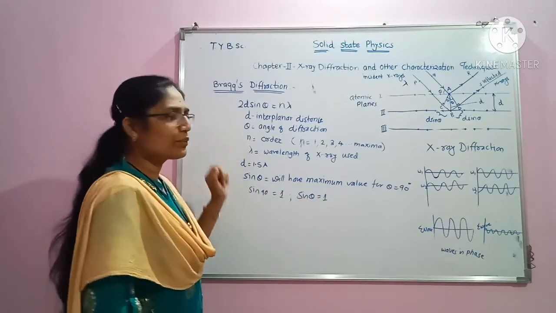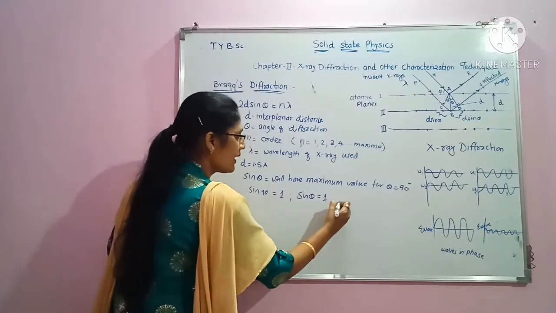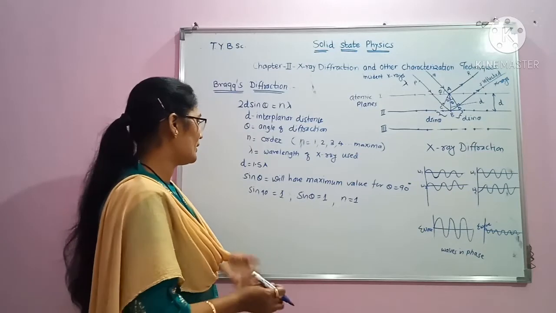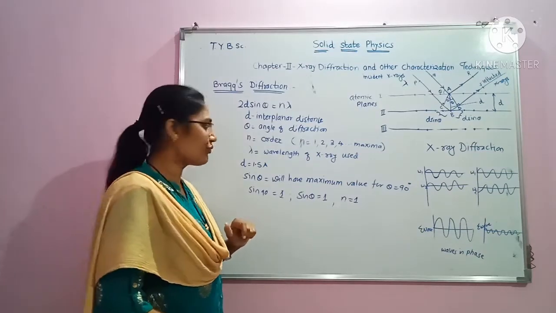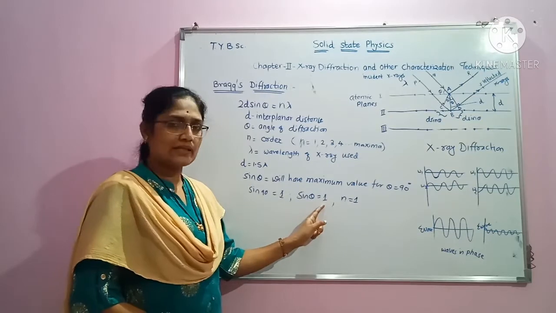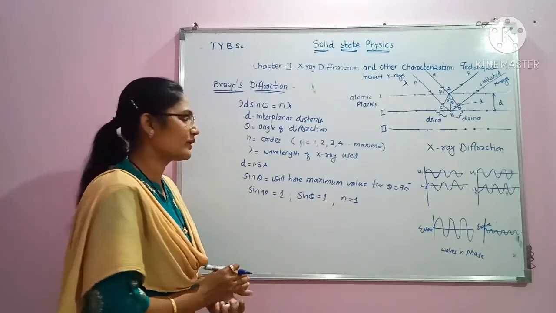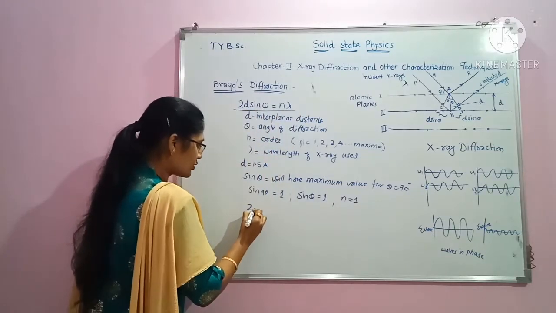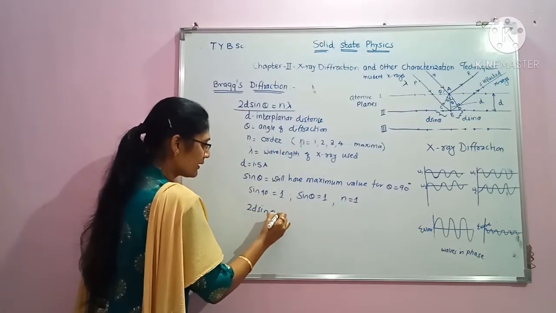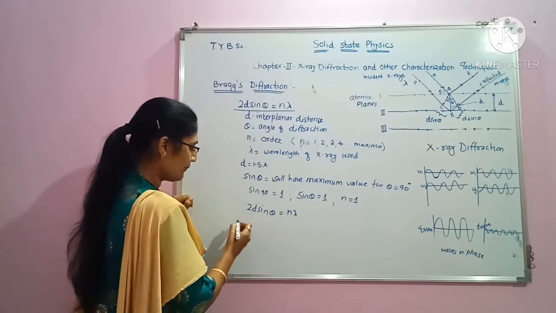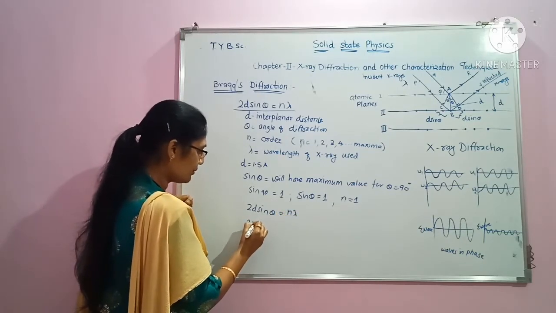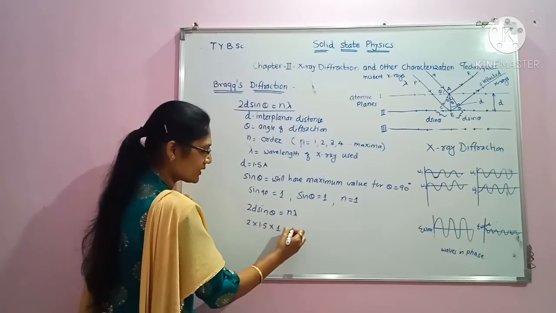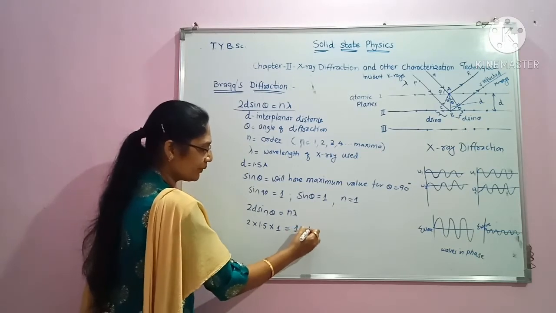Then we have to consider the first order, that is n is equal to 1. So we have considered one example where the d value is 1.5 angstrom, sin theta is 1 and n is the first order. If we substitute these values in Bragg's law, 2d sin theta is equal to n lambda, then 2 into 1.5 into 1 is equal to 1 into lambda.